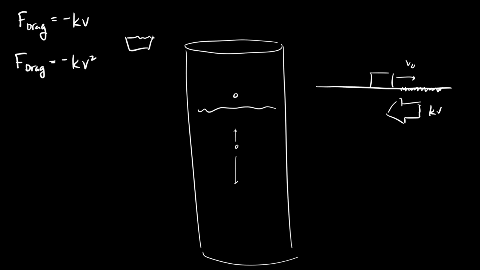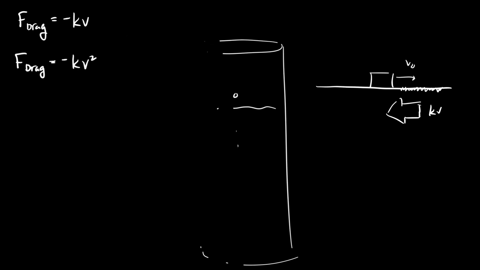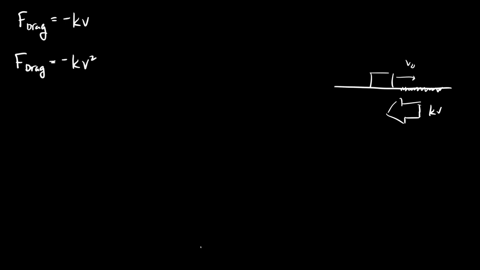Like this. It was traveling horizontally, so there was no weight pulling it down, but it had some initial velocity and was eventually going to be brought to rest by this drag force. The reason I'm bringing all of these up is because when you deal with something that's experiencing drag, the dynamics of the problem are more complicated.